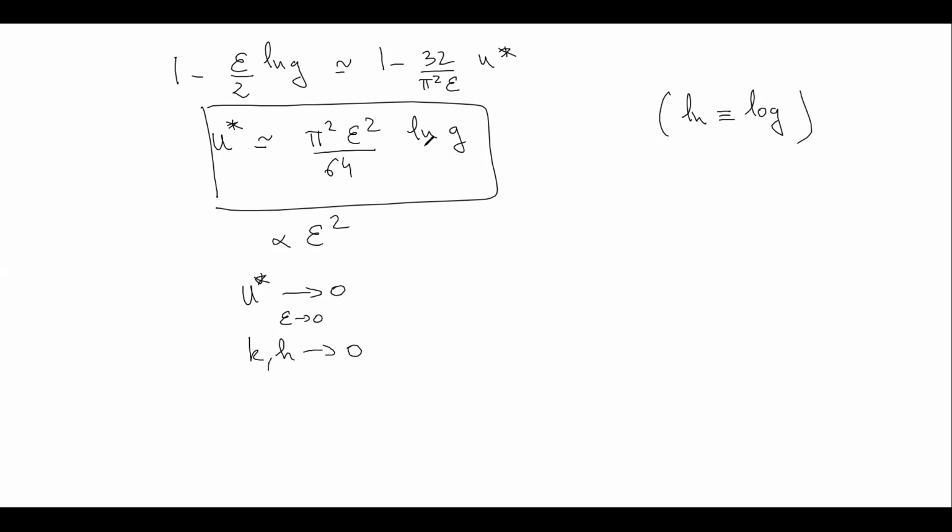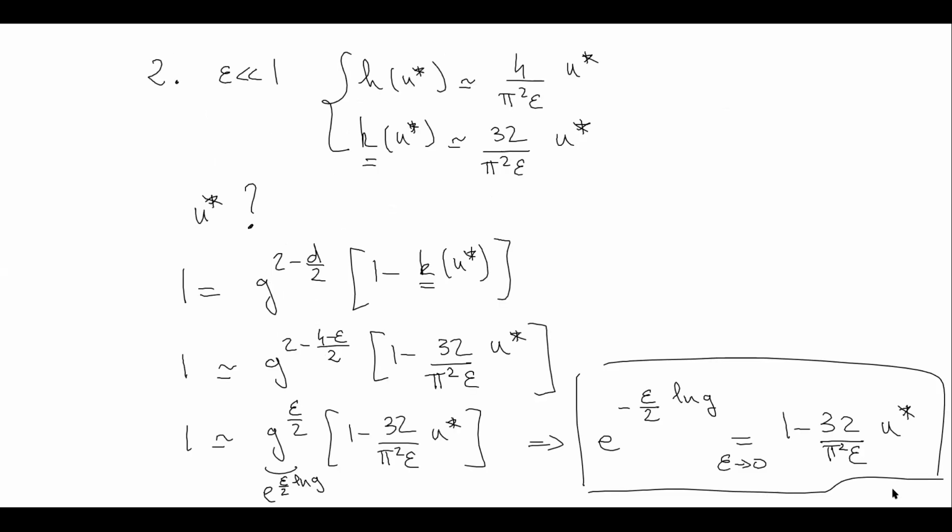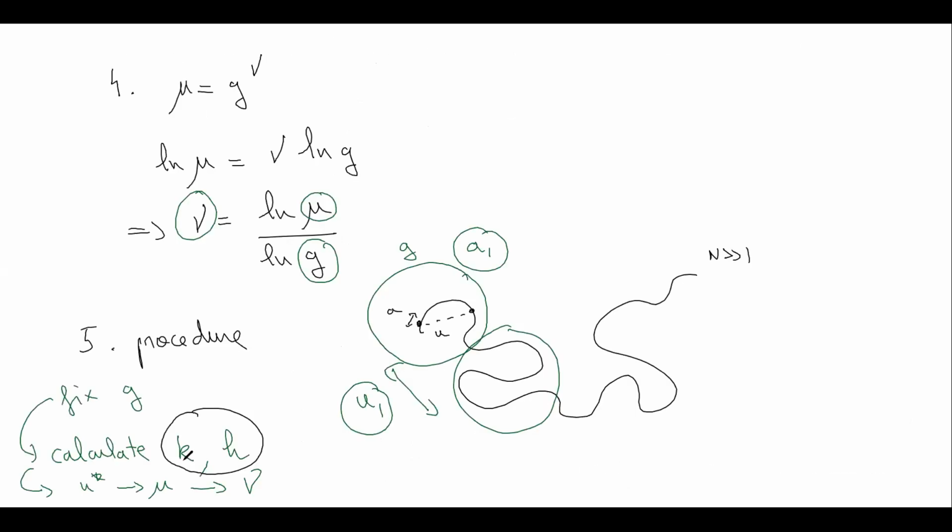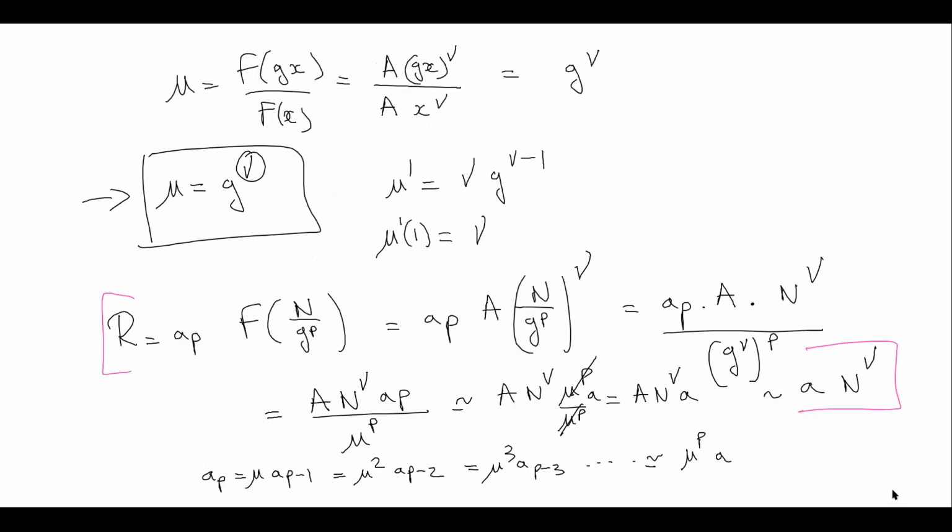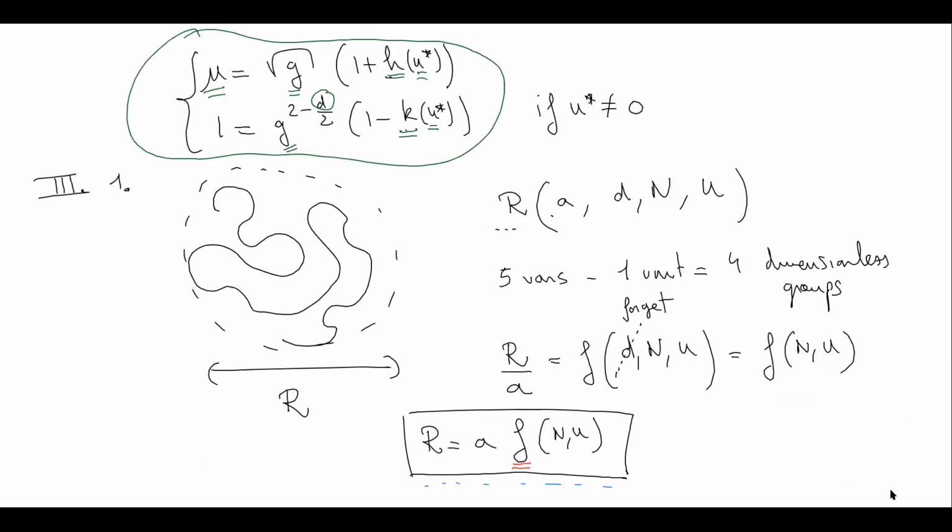I have an expression for it. So now in the program, I found the coupling constant, so I should find mu from it. Mu is connected to u star by this equation. So let us go. Mu is square root of g.